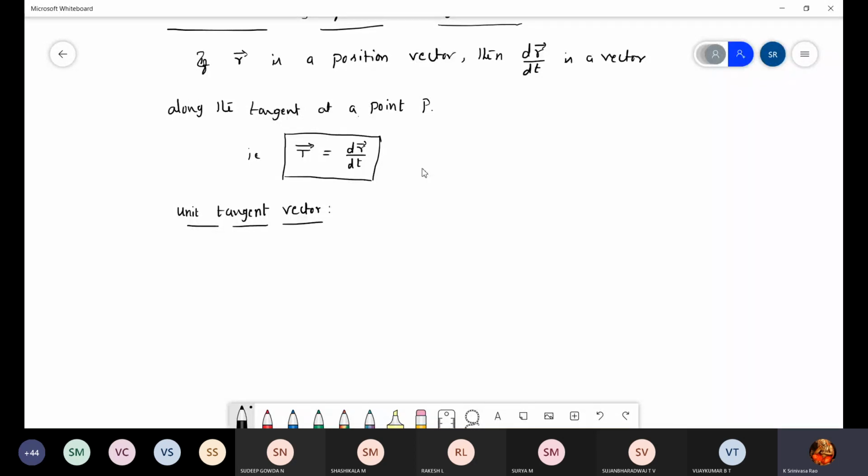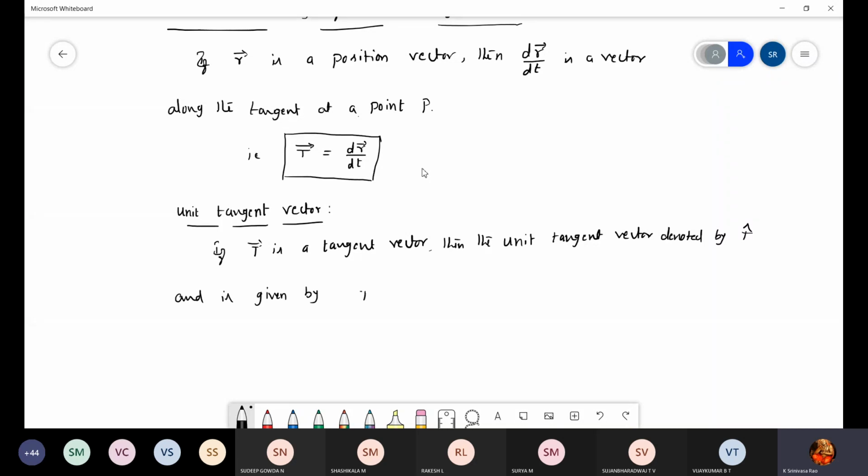So take down, unit tangent vector. If T is a tangent vector, then the unit tangent vector, denoted by T cap, is given by T cap equals vector T divided by its magnitude.